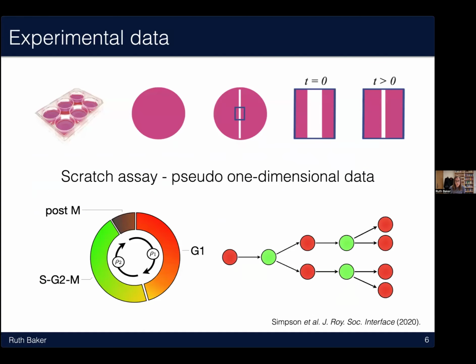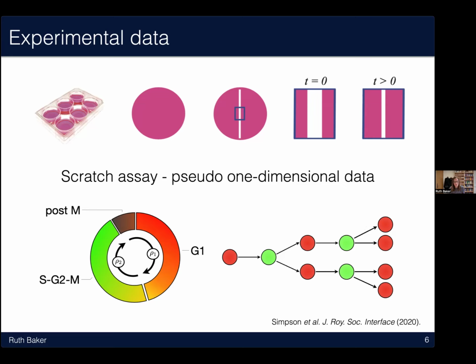I'm going to start, first of all, by talking about this scratch assay, which is the bottom set of those images. And one thing that's quite nice often with the scratch assay is that if we've got a dish that looks something like this and we make a large scratch, we often only take an image of the center of the wound field. And what that means is that the data becomes pseudo one-dimensional. We can average in the Y direction to think about simpler one-dimensional mathematical models.